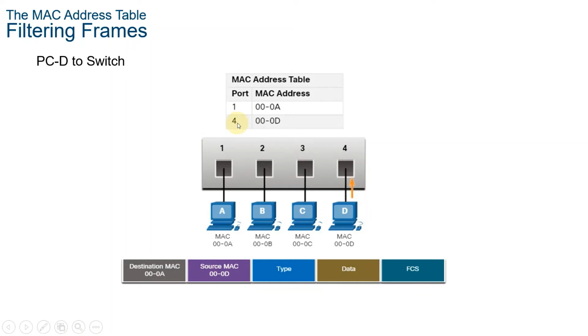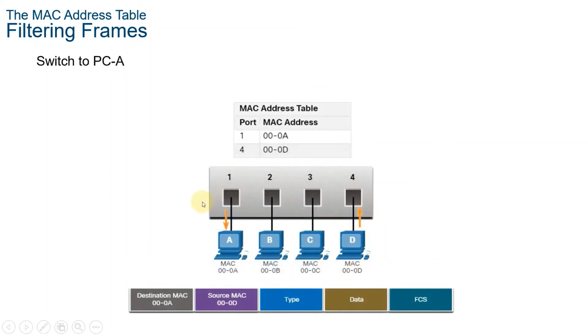So the switch adds the port number and the MAC address for PCD on the MAC address table. Next, because the switch has the destination MAC address for PCA in the MAC address table, it will send the frame only out port 1 as shown here. So it is directed towards host A, having the MAC address of 000A as indicated on the MAC address table.